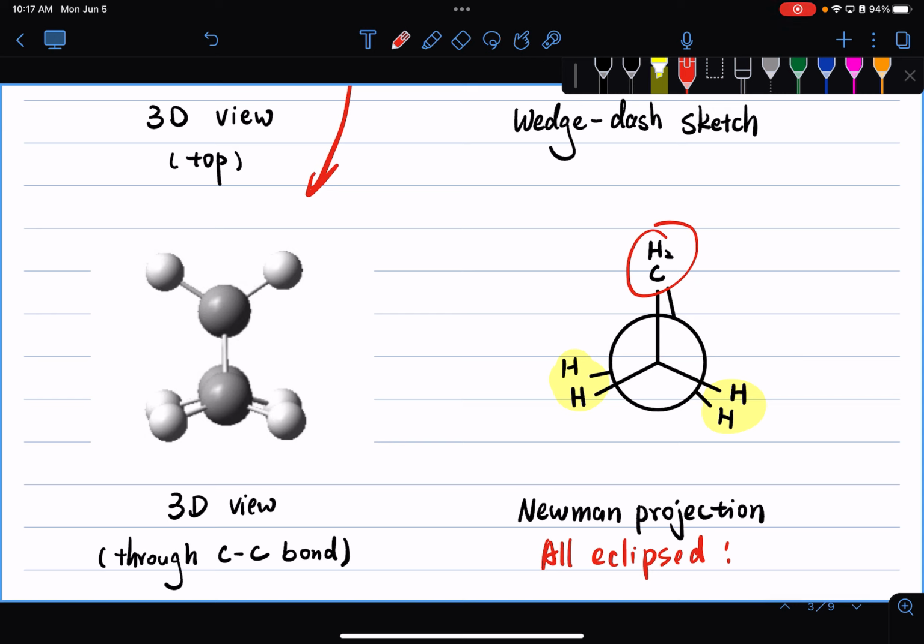Now, in order to avoid that strain energy, remember we have some flexibility in the single bond. So in reality, your cyclobutane will maybe adopt a different conformation that is, well, how do I say it? We sometimes call it puckered. If you look at the side view, it's like twisted. It's no longer a planar molecule.